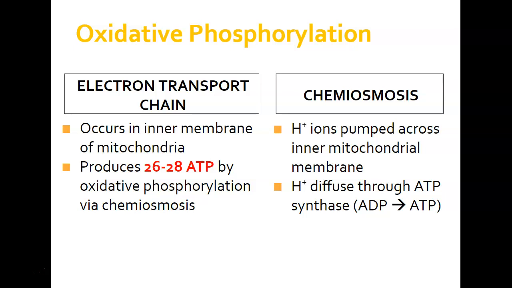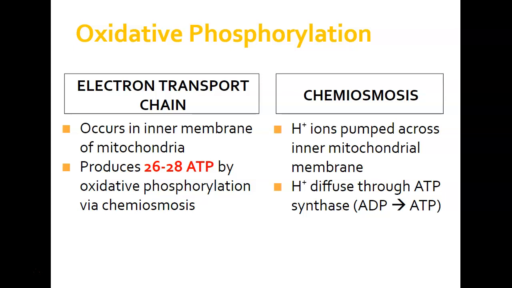What happens here is we create a proton gradient, essentially, in the membrane. So we pump all these protons that have been carried, or electrons essentially, that have been carried by NADH and FADH2, through the electron transport chain.